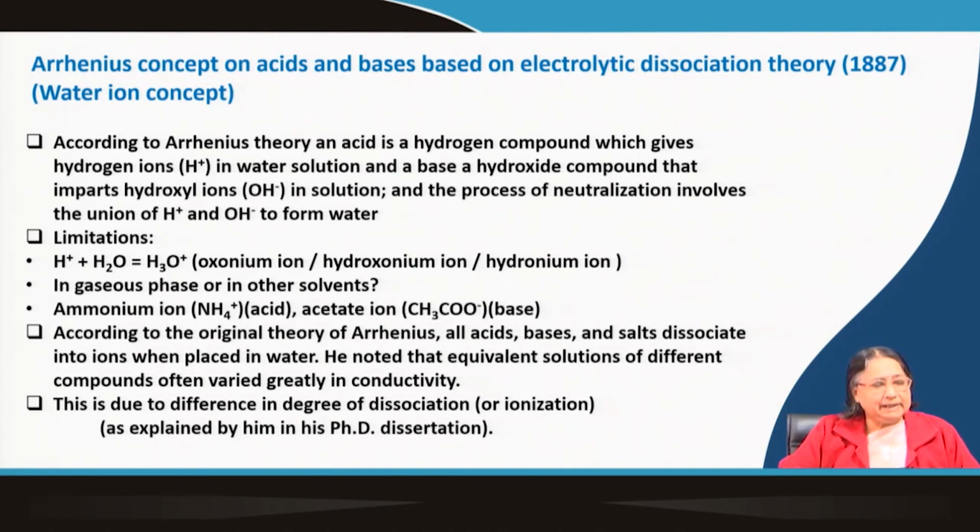For example, what happens for acids and bases in the gaseous phase or in other solvents. It also could not explain the properties of the ammonium ion, which shows acidic property, and the acetate ion, which shows basic property.